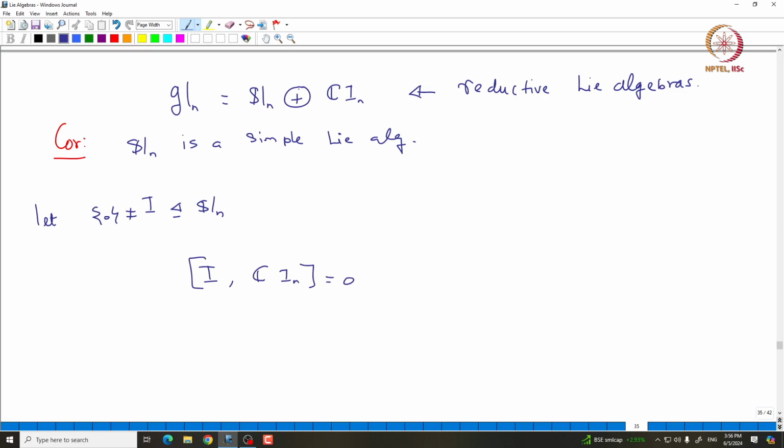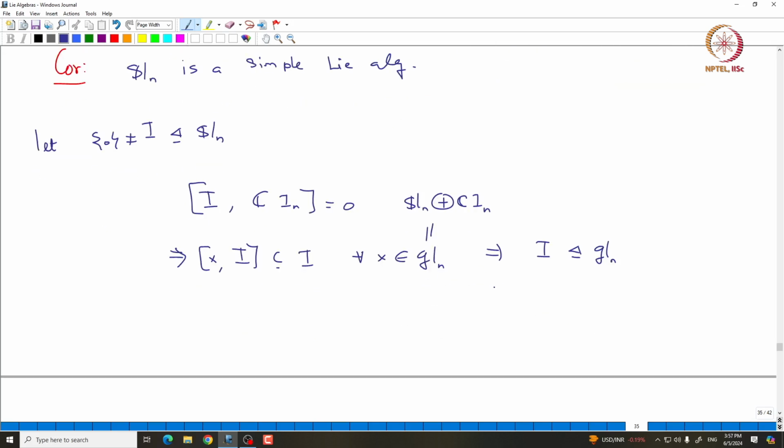So I must commute with this one dimensional space, and this implies that I must be an ideal inside GLN as well, because GLN is nothing but SLN direct sum the one dimensional space C I_N. Now, we know all the ideals of GLN.